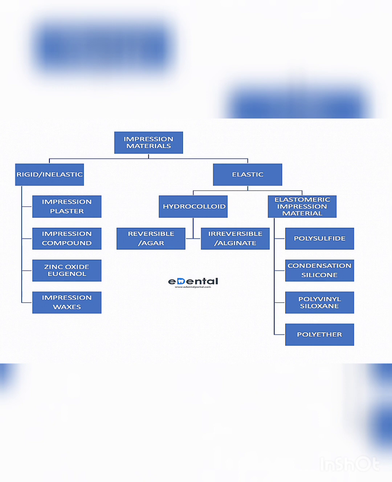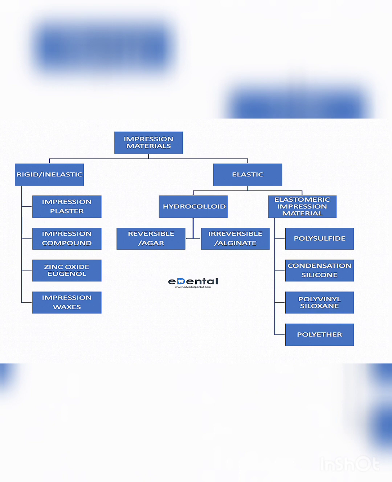But to just brief it down, polysulfide has the most tear strength. What is the byproduct of the reaction of the polysulfide? It is water. Remember, it is also a condensation reaction, but the byproduct is water. In the condensation silicon, there is a condensation reaction, but the byproduct is ethyl alcohol.